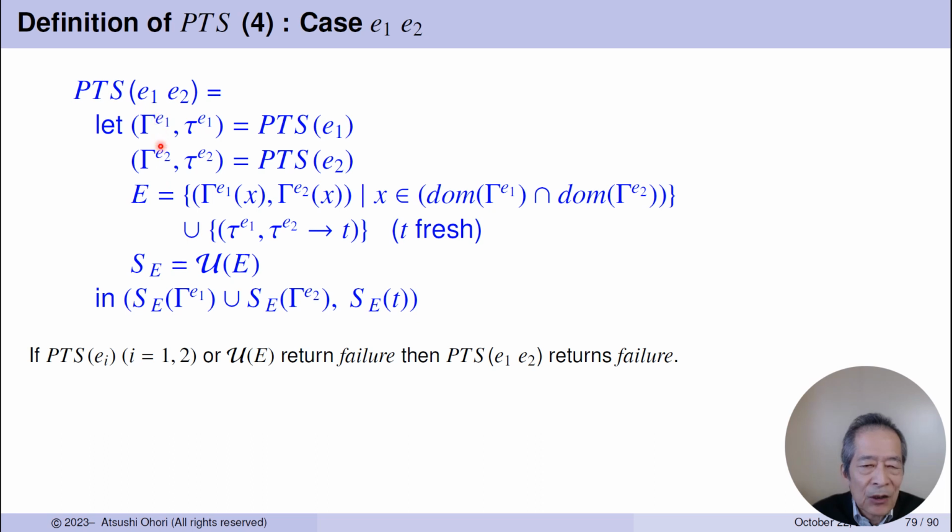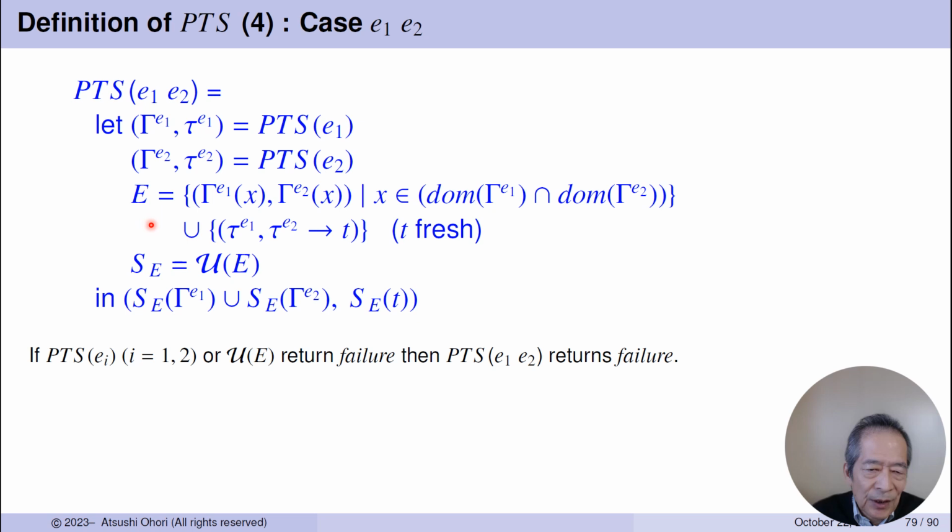So we create an equation for the common variable type. And also this equation: this type is a function type whose domain type is this E2, and the range type may be anything, so just assume T is a fresh type variable.